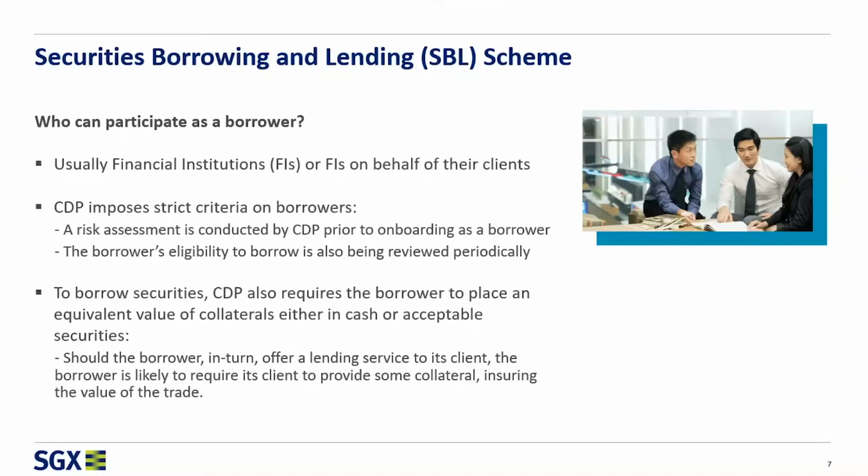For example, if someone is borrowing $10,000 worth of stock, CDP will require 10% as collateral, so we'll tell the client we need to put down $1,000 as collateral to be a borrower. This is the process that happens when stocks need to be borrowed. So again, borrowers typically are financial institutions on behalf of their clients, and there can be a small collateral involved when borrowing securities.